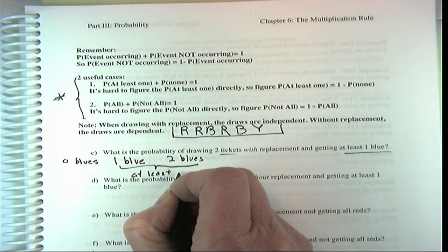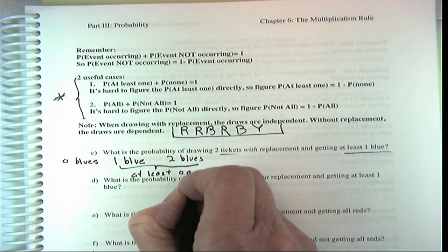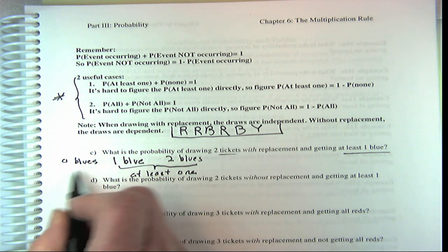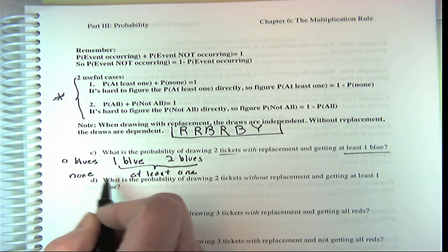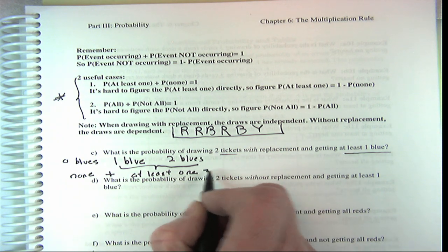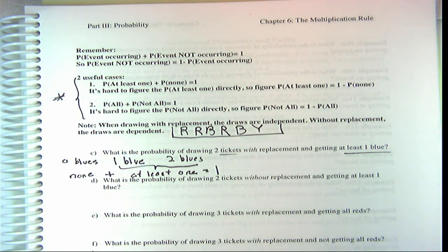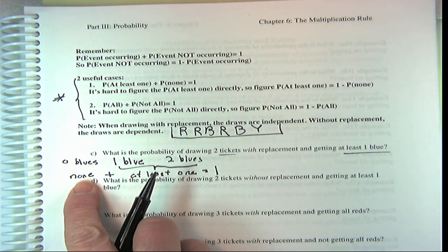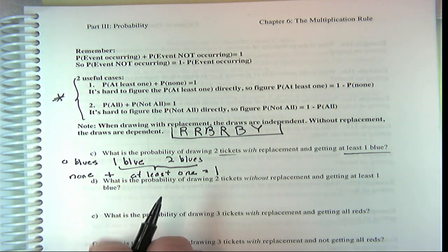You can figure it out directly, but it's harder. Whereas none is just one way. And none plus at least 1 is going to equal 1, or 100%. So instead of doing this, let's do the complement, because they have to add up to 1.